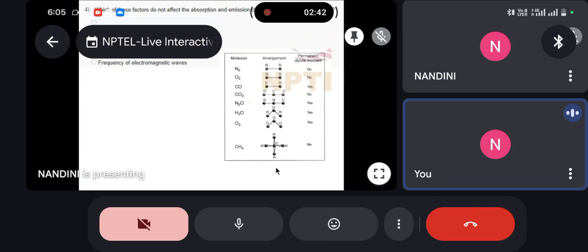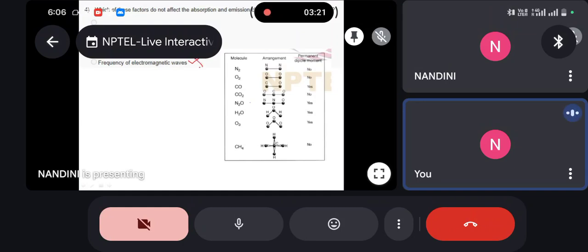As we know, the atmosphere is almost transparent to the incoming solar radiation, whereas it absorbs the outgoing longwave radiation. So based on the frequency or wavelength of the radiation, the emission and absorption characteristics of the atmosphere change. So among the options, it is clear that the frequency of electromagnetic waves does affect the absorption and emission characteristics of the atmosphere. So this is not the answer.